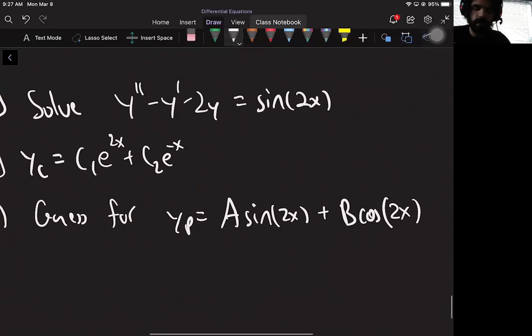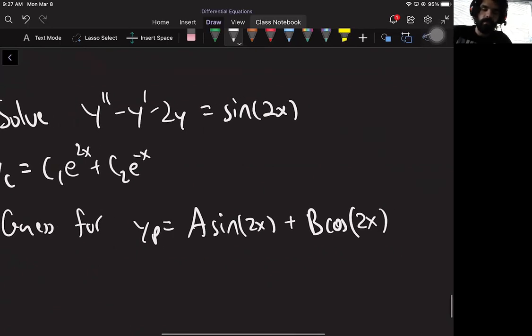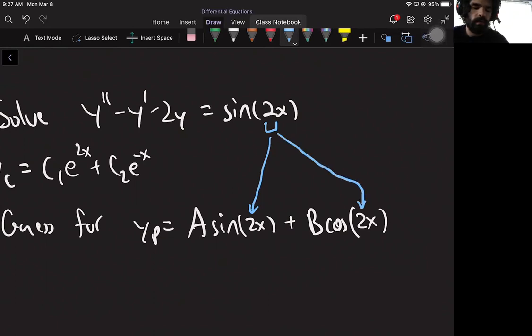So this is going to be the guess if you have a sine or a cosine. And notice that this number needs to match, so it's the same type of sine. But in any case, that's your guess.